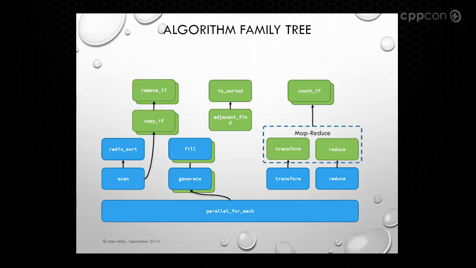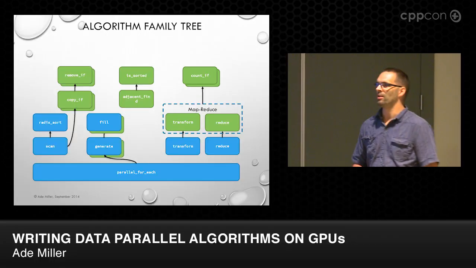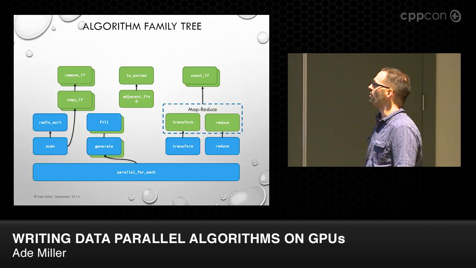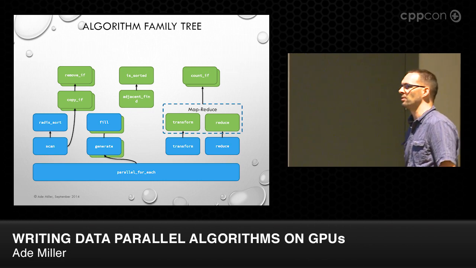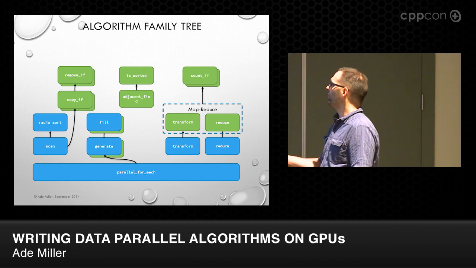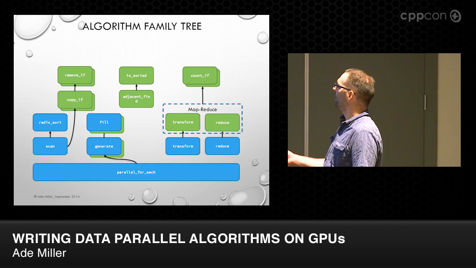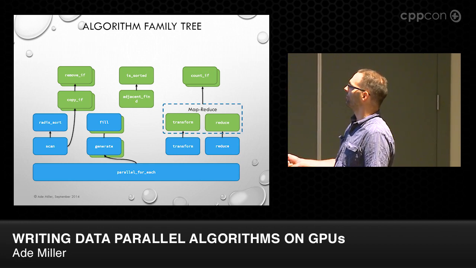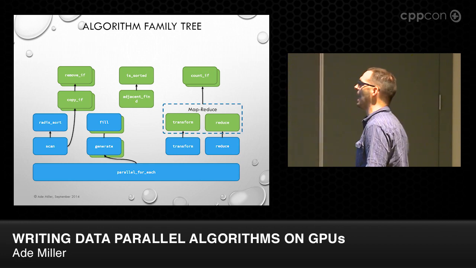And I sort of have this algorithm family tree type thing going on. So when I looked at what I was doing with the AMP Algorithms Library, it turned out there was sort of this little hierarchy of things you needed to build. And today we're going to look at transform and reduce and, in slightly less detail, at scan.